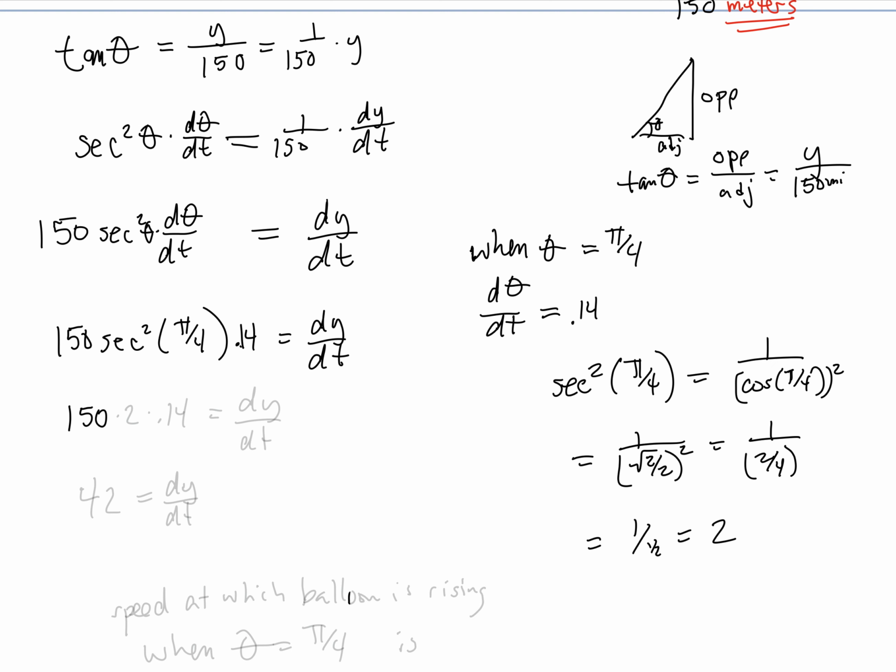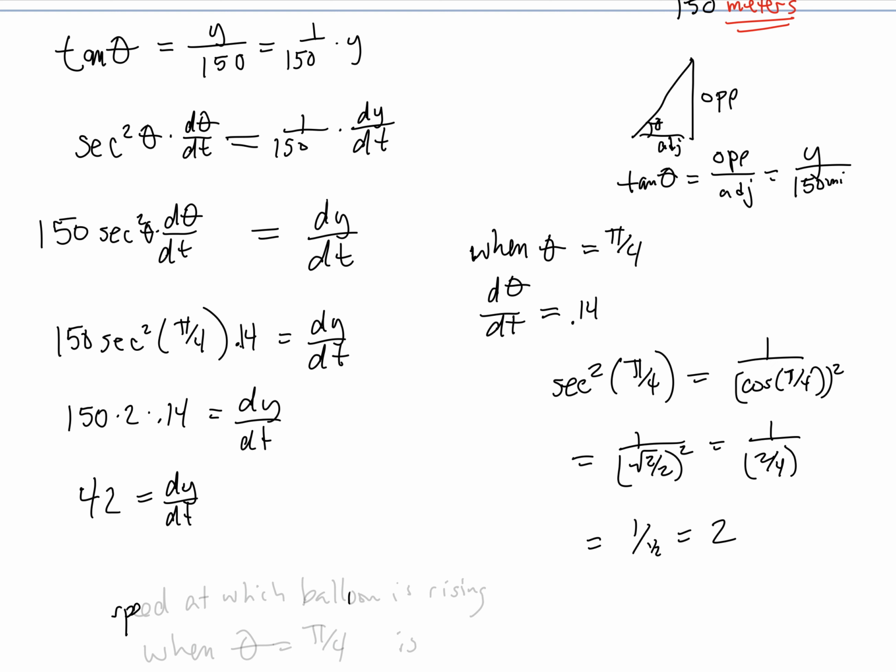So it's 150 times 2 times 0.14 is equal to dy/dt. And so when we multiply that out, 300 times 0.14, we will get 42. 42 is equal to dy/dt.